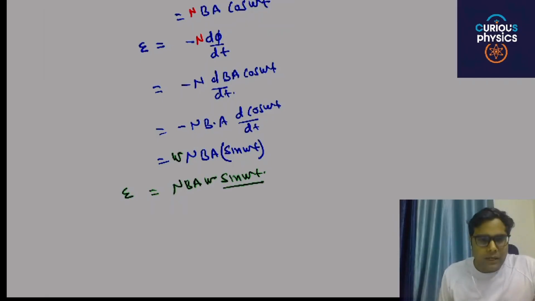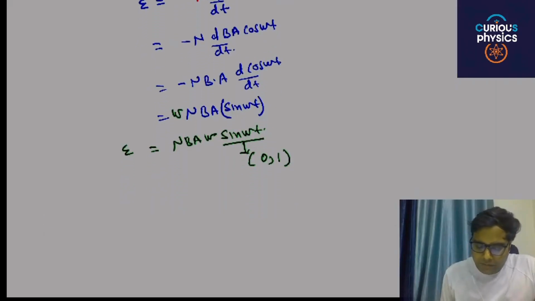And sin omega t, or you can say sin theta, varies between 0 and 1. So what will be the maximum value? It is n B A omega.